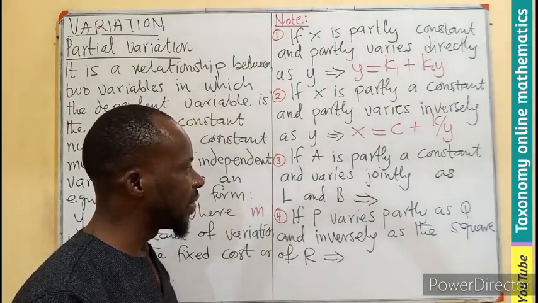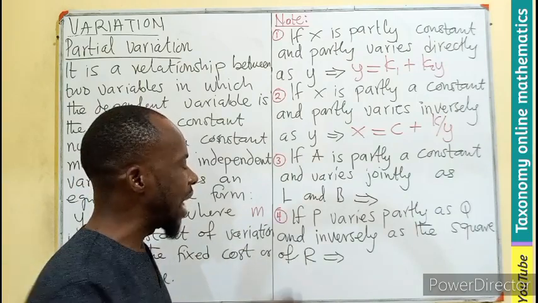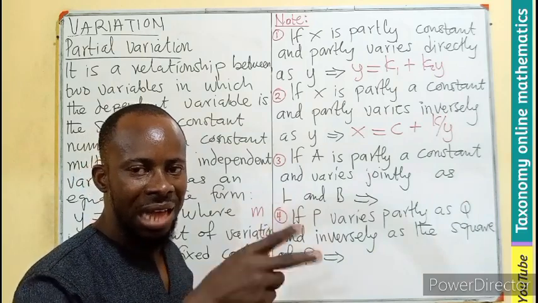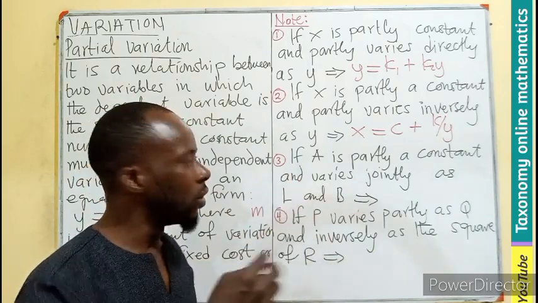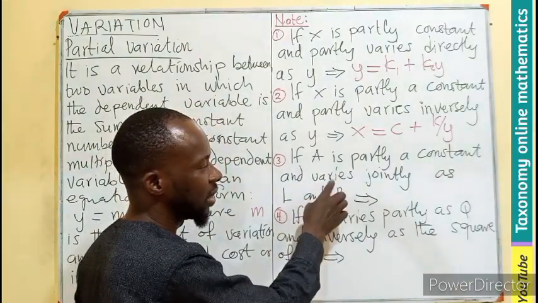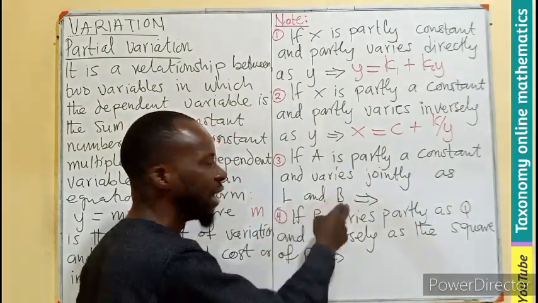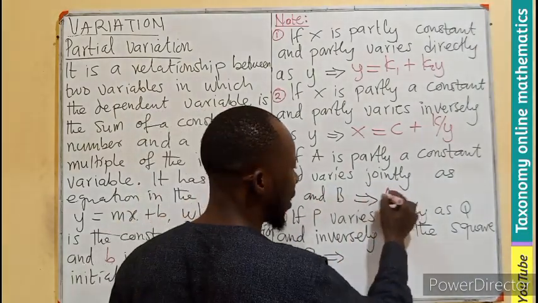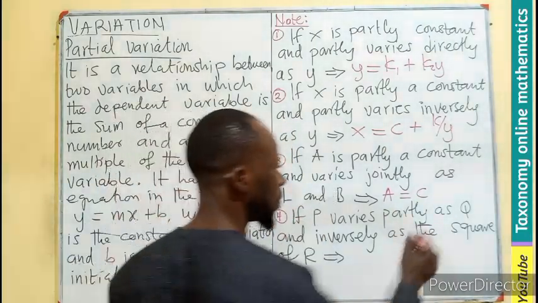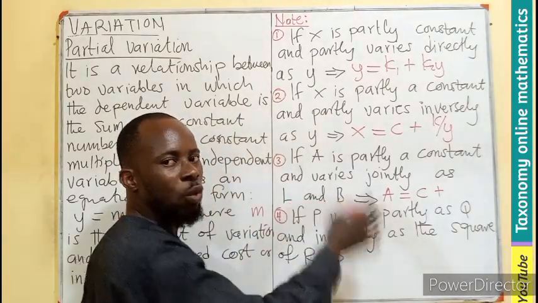So if A is partly a constant and varies jointly as L and B, joint variation is as a product of two variables. So let's forget about the partly statement here and just say A varies jointly, that is a product of L and B. So I'll have my A equals to the sum of the constant, the fixed constant, plus the product of this with the constant.